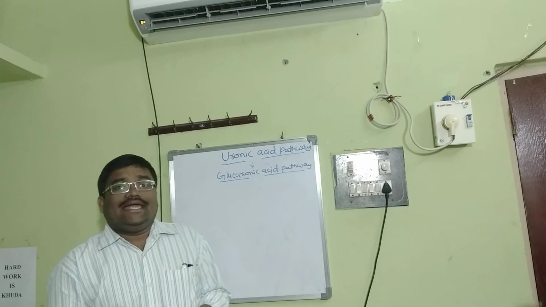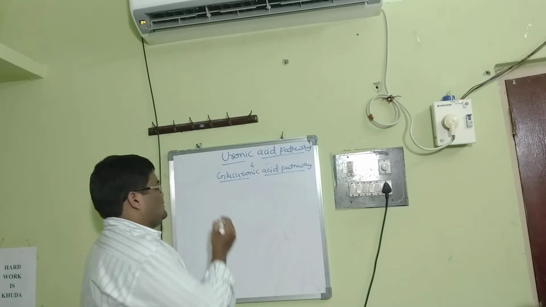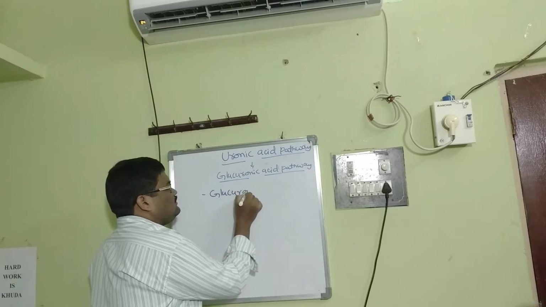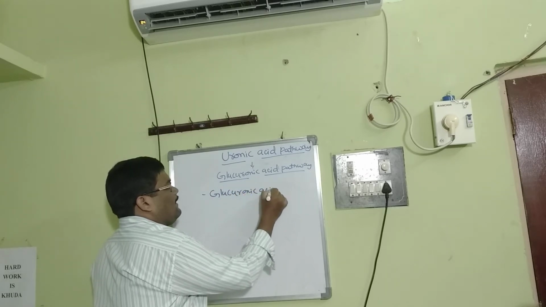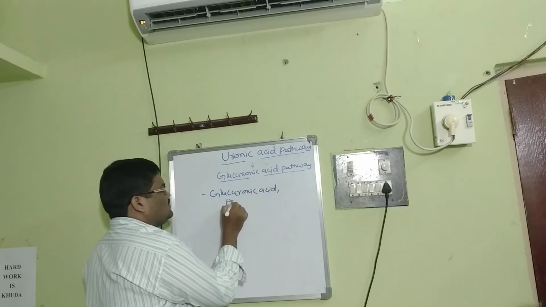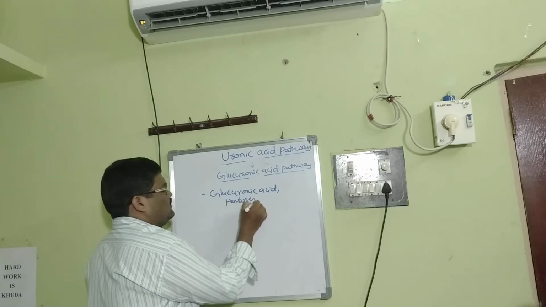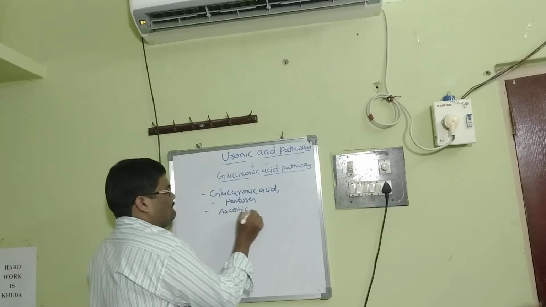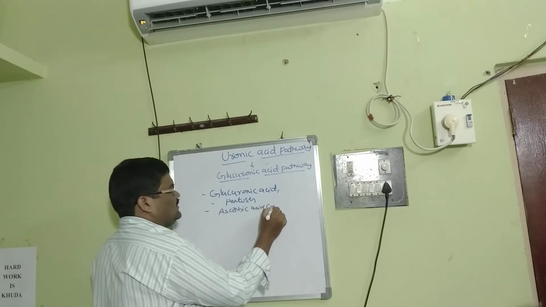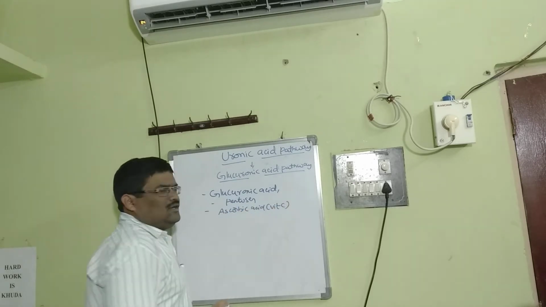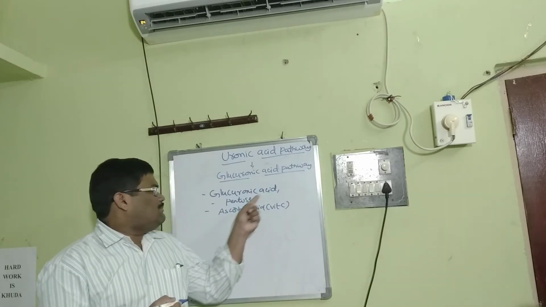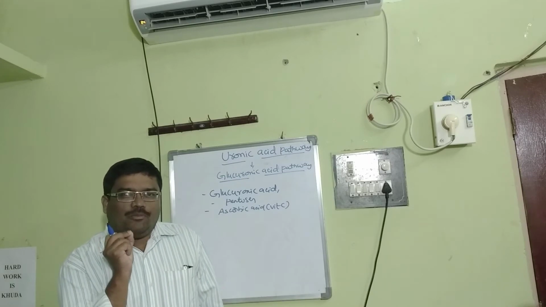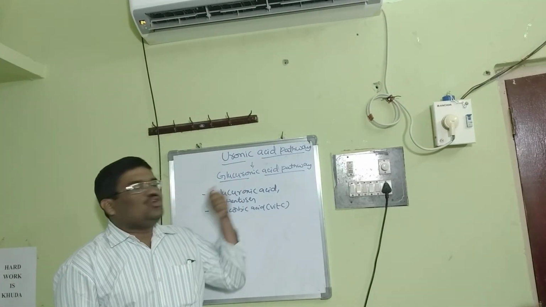Most importantly, it involves the synthesis of glucuronic acid, pentoses, and ascorbic acid, that means vitamin C. These are the three essential components synthesized in the uronic acid pathway.